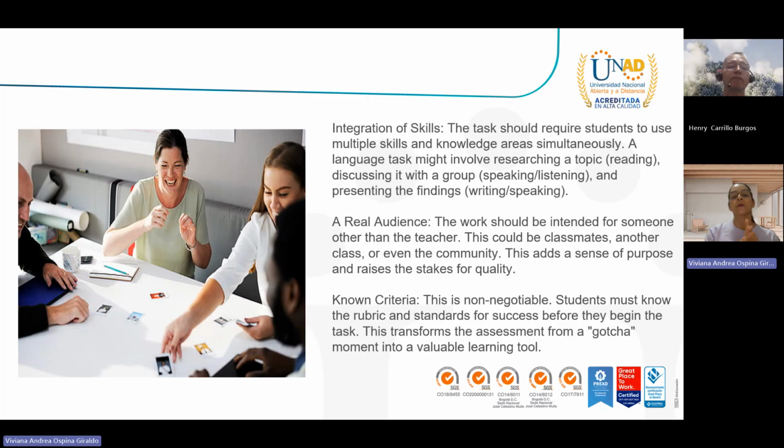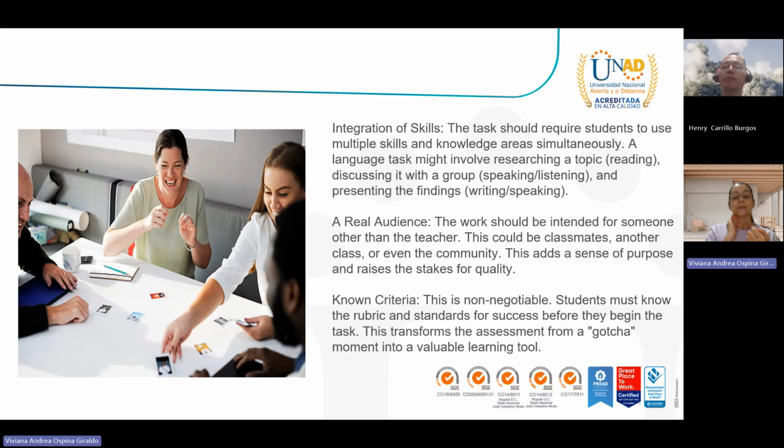Here we have another one, which is integration of skills. The task should require students to use multiple skills so that they are able to do different things at the same time. So a language task may involve researching the topic, discussing it in a group, and presenting the findings.